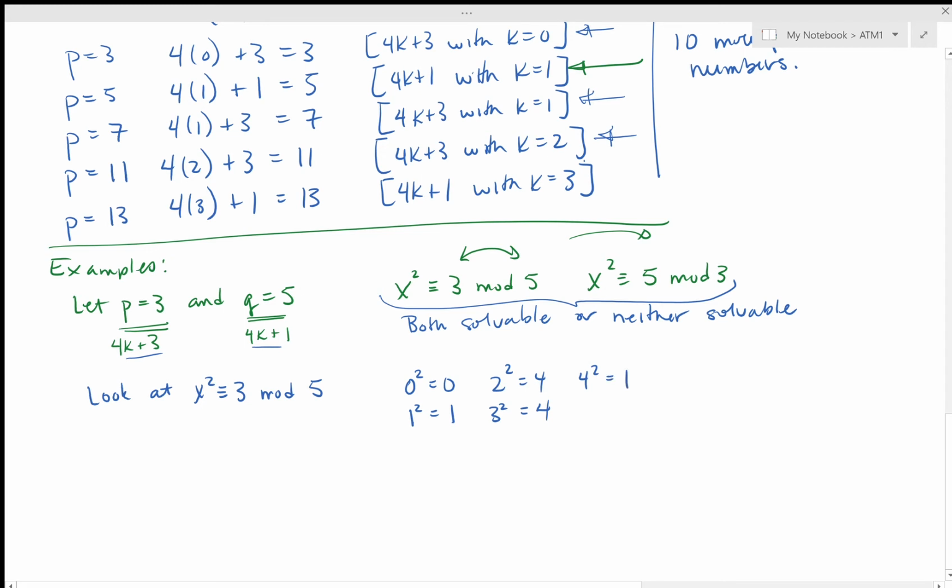So I didn't get a remainder of 3 on any of those. So I'm looking at the residue when I square the numbers in Z5. None of those residues turned out to be this number 3. So there is no solution. So this congruence here, x squared congruent to 3 mod 5, has no solution.